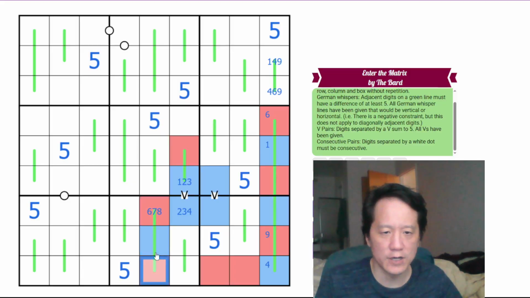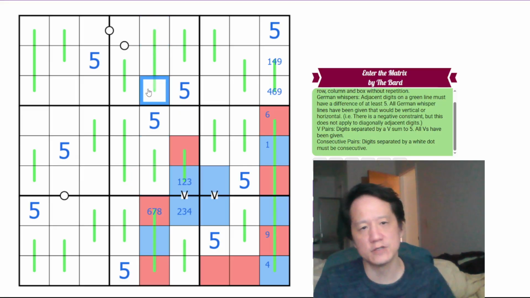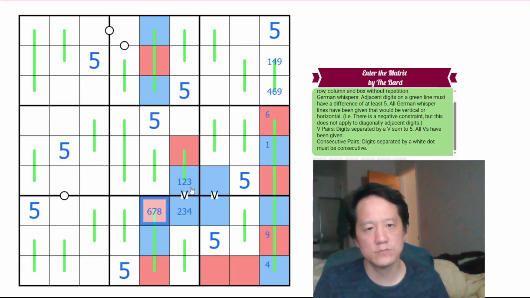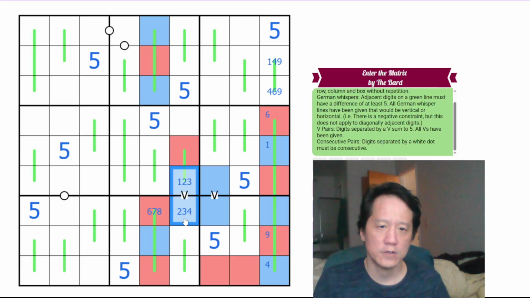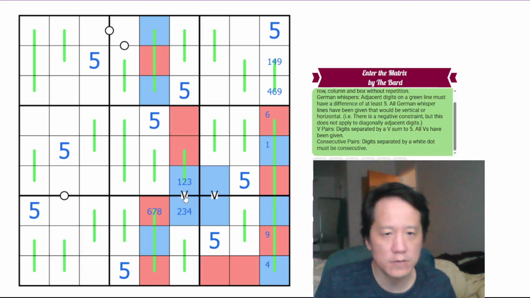Because this is 2 highs and 1 low, one of these is low, we need 2 lows in the rest of column 5, so therefore these both must be low, and this must be high. These are 2 lows here. 1 low is here, 1 low is here, therefore this must be high.